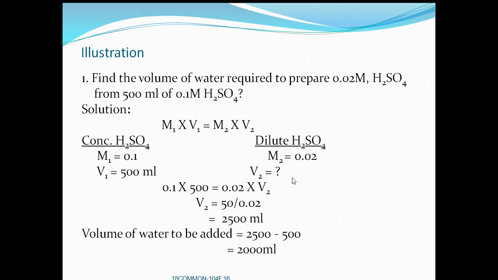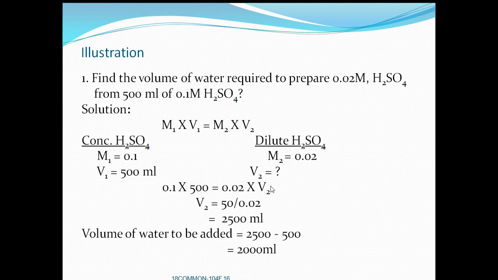So M1 V1 equal to M2 V2: 0.1 into 500 ml equal to 0.02 into V2.